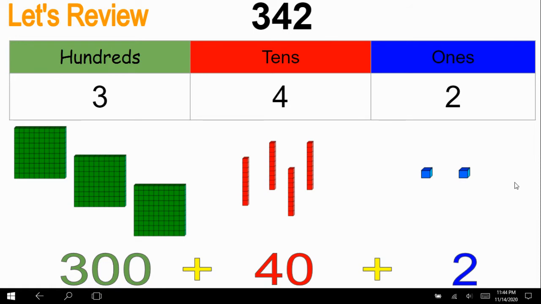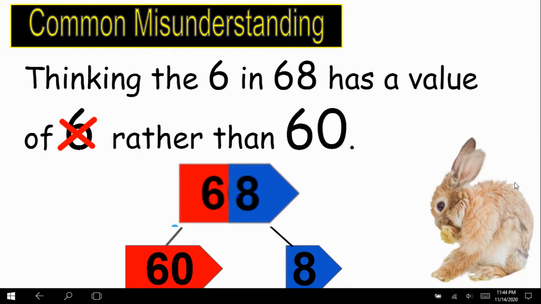So 300 plus 40 plus 2 is the expanded form of 342. A common misunderstanding is thinking that the digit 6 in 68 has a value of 6 rather than 60.